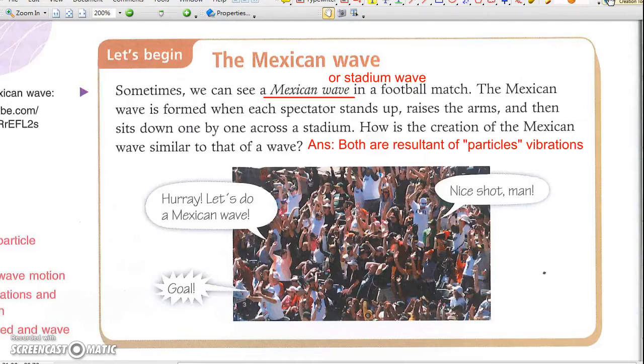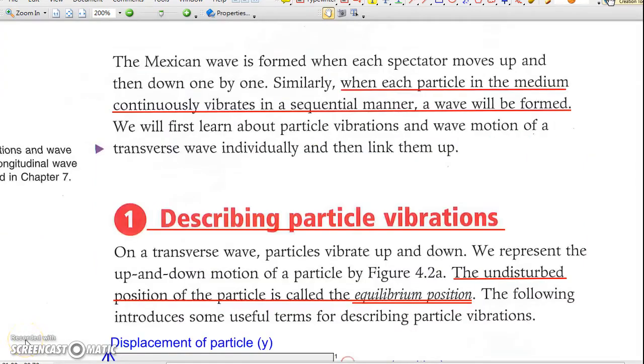We know clearly that the people do not travel from one place to another, but each person only stands up and sits down one by one on their own seat. A wave is similarly formed when particles vibrate individually, one by one, in sequence.